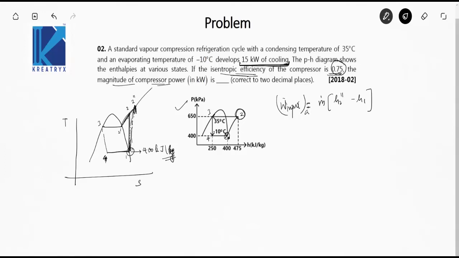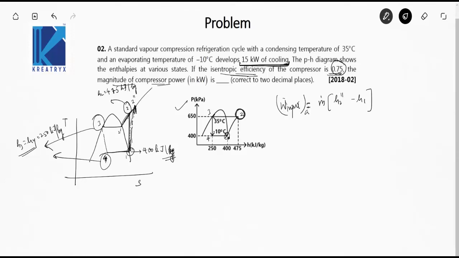The enthalpy at the state 2, that is after isentropic compression, h2 is 475 kilojoule per kilogram. And h3 is equal to h4 because the throttling is considered to be isenthalpic, and h3 equals h4 is 250 kilojoule per kilogram.